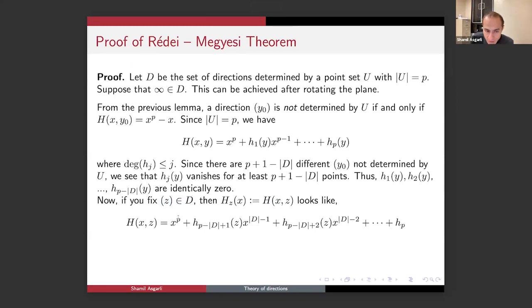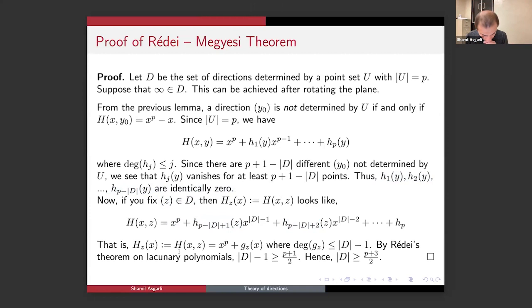Notice that after the leading term x^p, the next non-zero term is h_{p minus |D| plus 1}, then h_{p minus |D| plus 2}, and so on. This is the first non-zero one that could ever appear, because all the other polynomials h_j for lower j are identically 0.